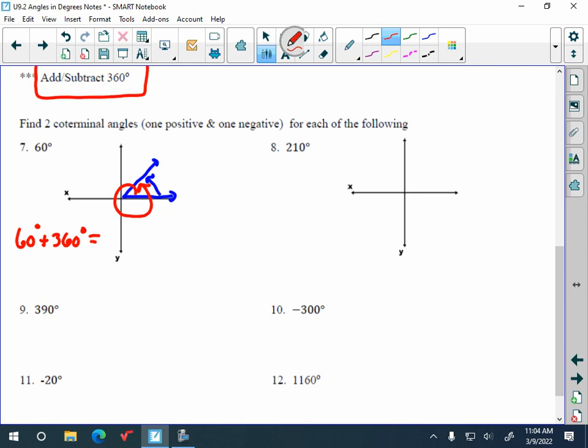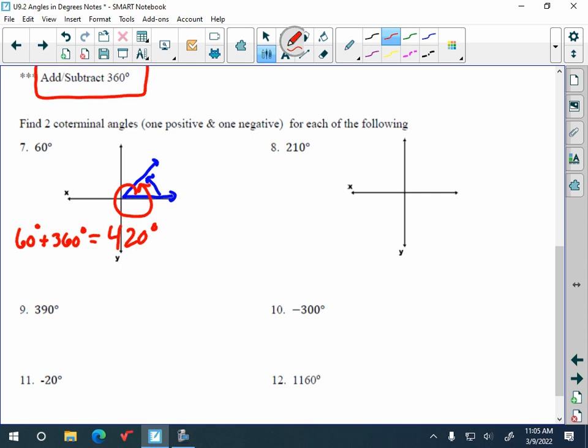If I take 60 and add 360, 420. So this angle right here is a 420-degree angle. It starts and ends at the exact same spot that the 60 degrees is. So we say that 420 degrees and 60 degrees are coterminal to each other. They start and end at the exact same spot.